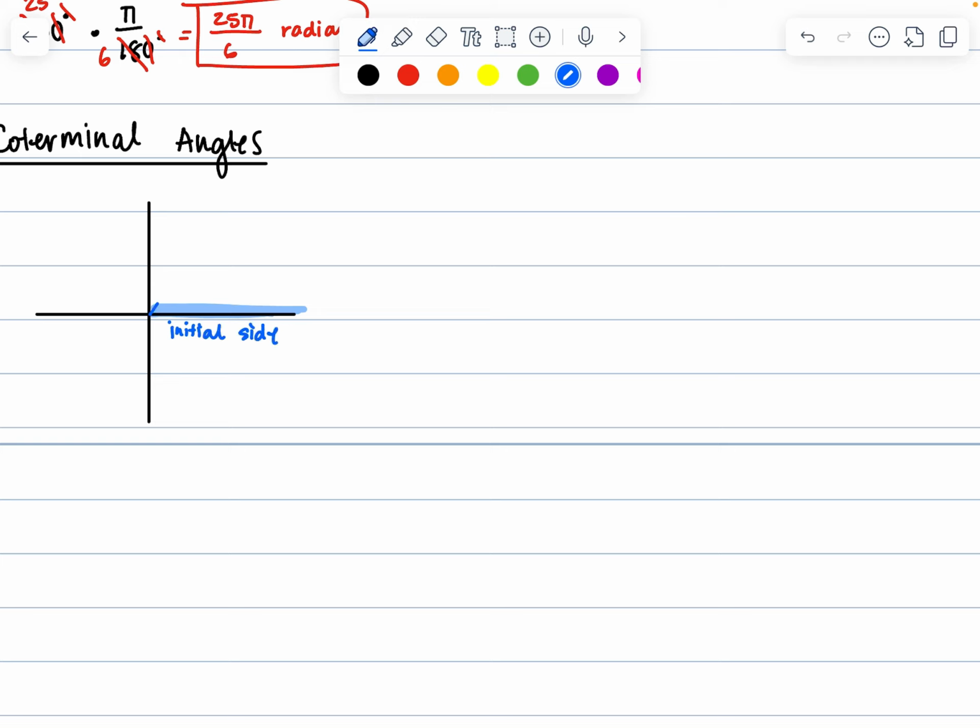And if we have an angle that we start building around, we have what we call a terminal side.